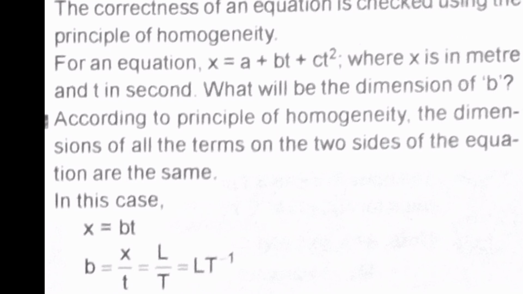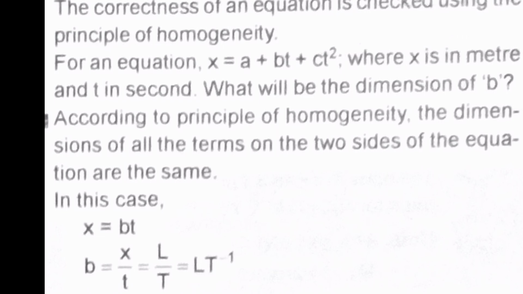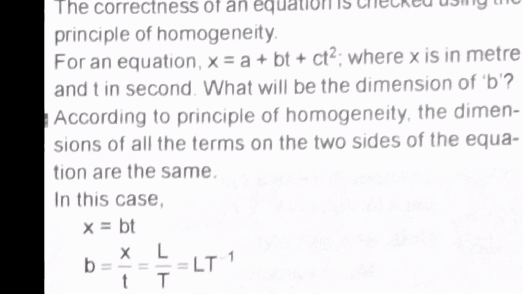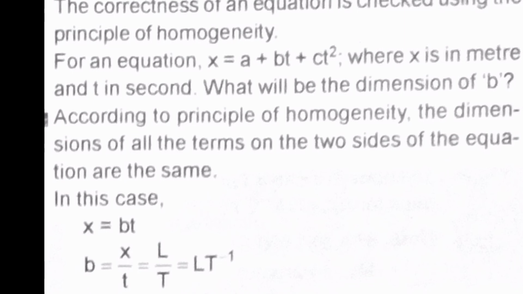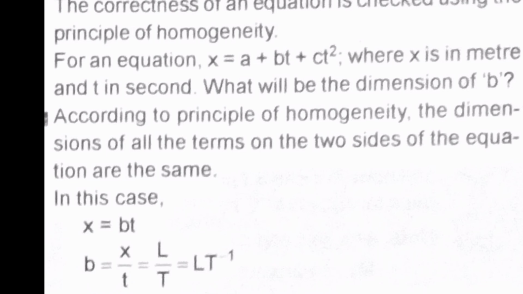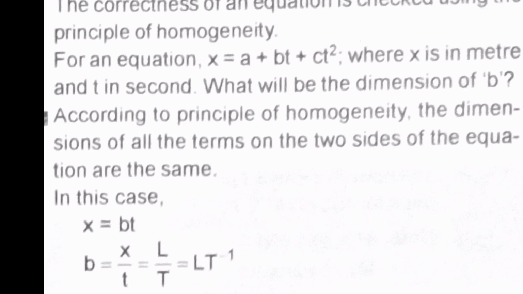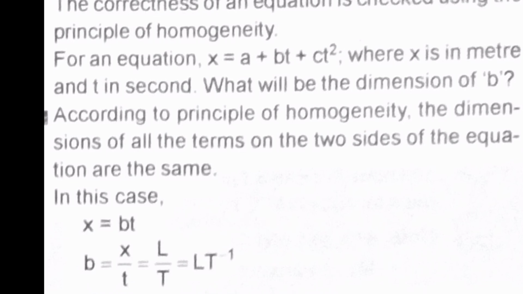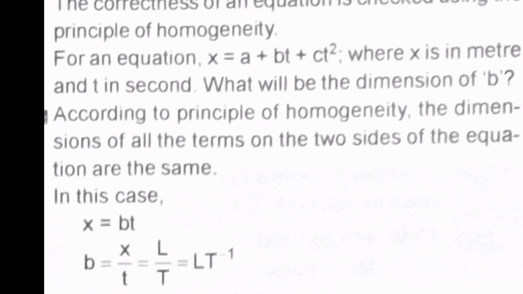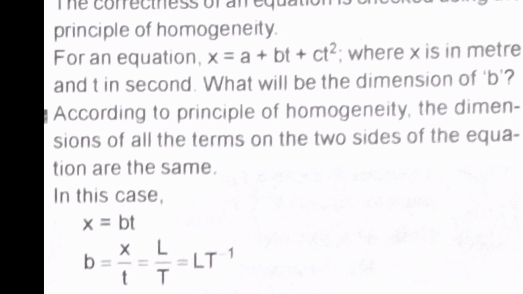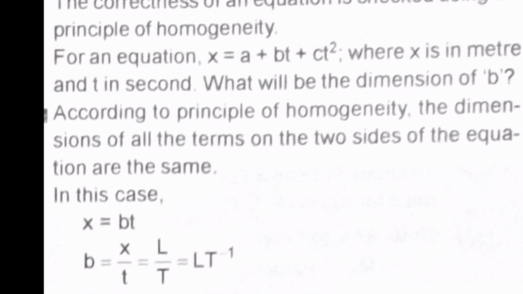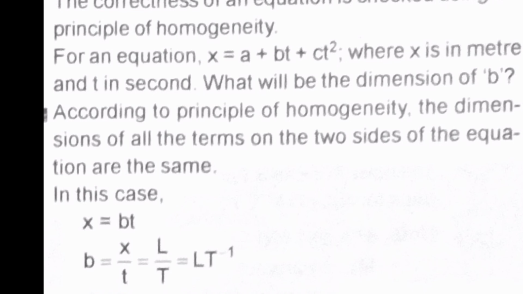If you know the principle of homogeneity, it is very easy to solve the question, right? So what is the principle of homogeneity? Yes, according to the principle of homogeneity, the dimensions of all the terms on the two sides of the equation should be the same, right? So how can we write? Here we have to calculate the dimension of b, right?